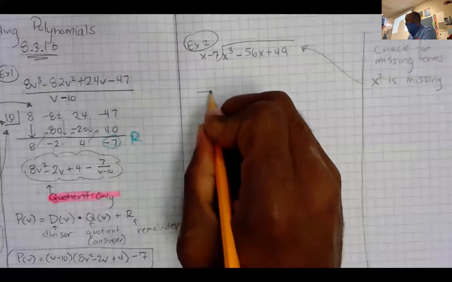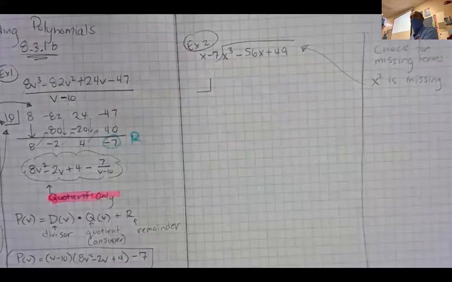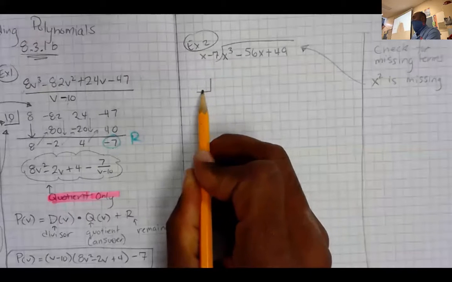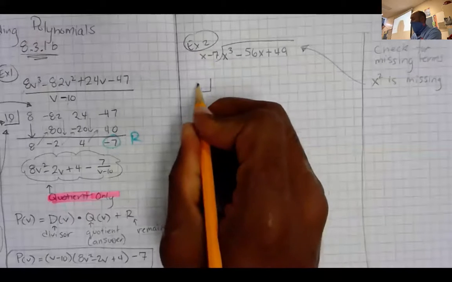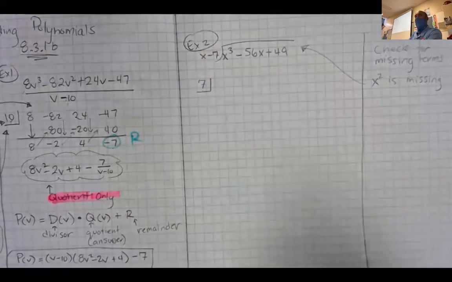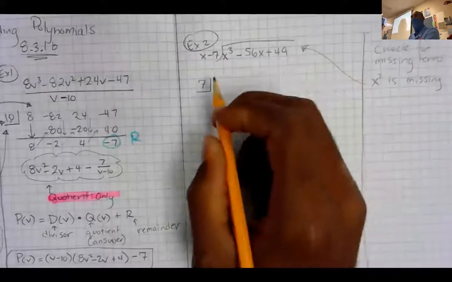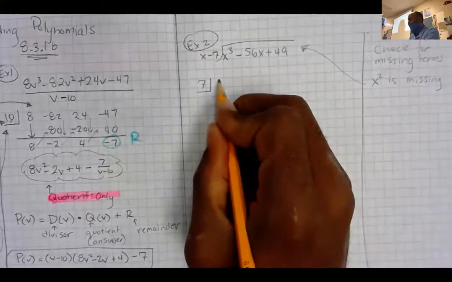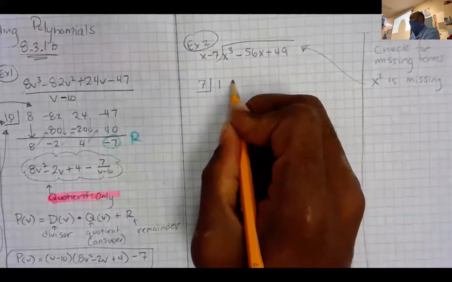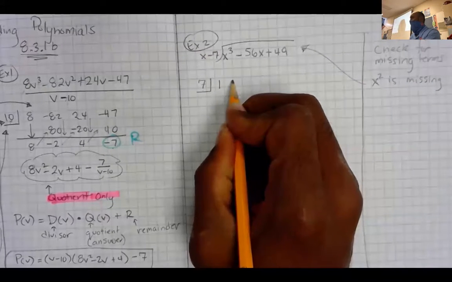Okay, so first we're going to write that little box. Now the factor or the divisor is x minus 7. So what goes in the box? Right, positive 7. Remember, always switch that sign. Now the coefficients: first, 1. What comes next? Well, we're missing x squared, right?